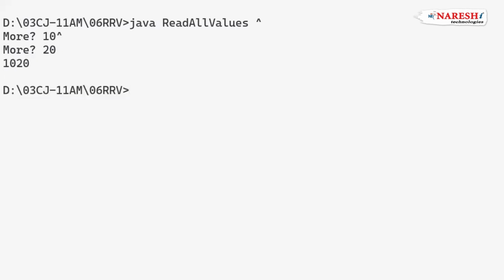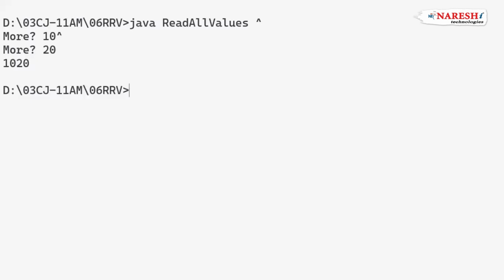Observe. When you type java ReadAllValues caret, it is asking for more values. 10, if you give caret immediately, press enter, 20, press enter, how many values are entered? 2 or 1? 1 value, 1020. args[0] is reading 1020.